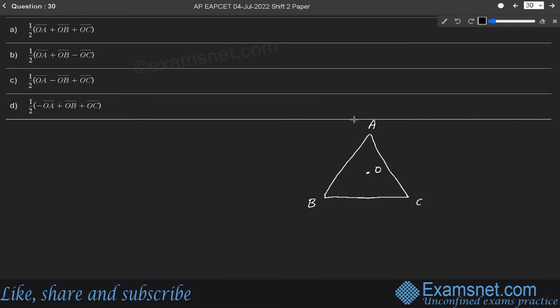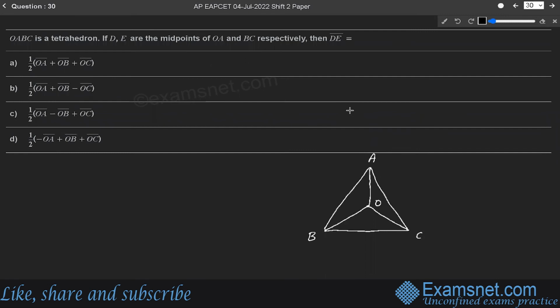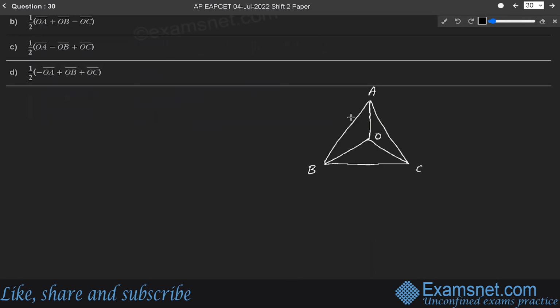Since it is a tetrahedron, we have to join every point with the center. And it is also given that D is the midpoint of OA and E is the midpoint of BC. So let this point be D here.